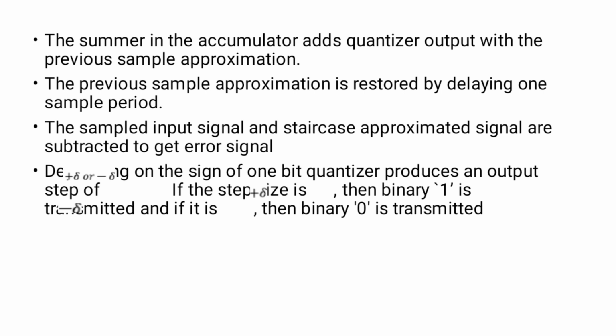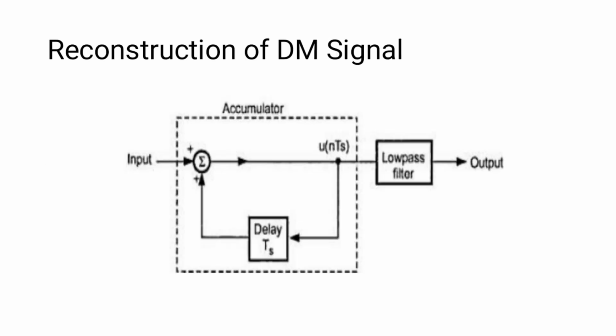So everything is already explained. For the reconstruction of DM, it is the same as what we have seen in a receiver, but instead of the prediction filter, here there is a delay element, and where the decoder was there, here a low pass filter is there. Why are we going for a low pass filter? After converting your binary signal into an analog or continuous-time signal, we have extra noise in the channel.